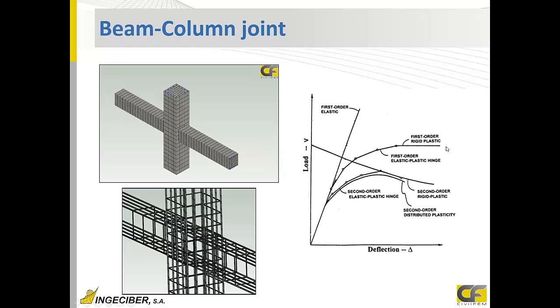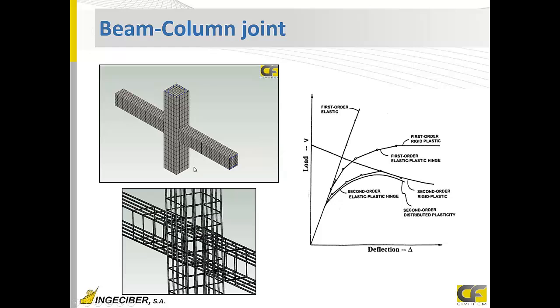So performing that type of analysis, we can get this type of pushover result. Instead of solving with that, if we take into account second order effects, we will have this other behavior here on the bottom. And if we use, as we are doing in our case, distributed plasticity in all the beams, we will have more conservative, more realistic results, that is the bottom line.